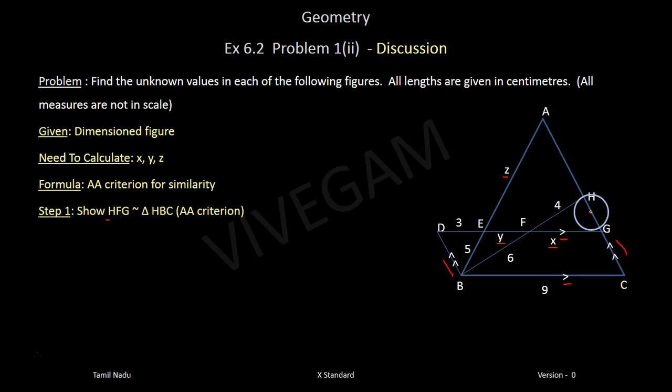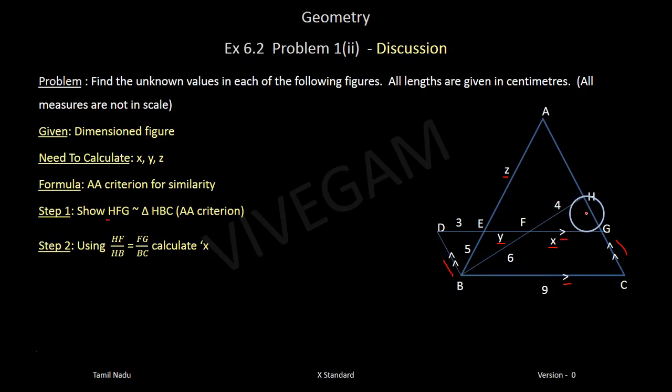Angle H is common to both the triangles. Then this line FG is parallel to BC, which means angle HFG is equal to HBC. Right? So these two lines are parallel, so this angle will be equal to this angle. So two angles are equal between these two triangles, which means these two triangles are similar by AAA criteria.